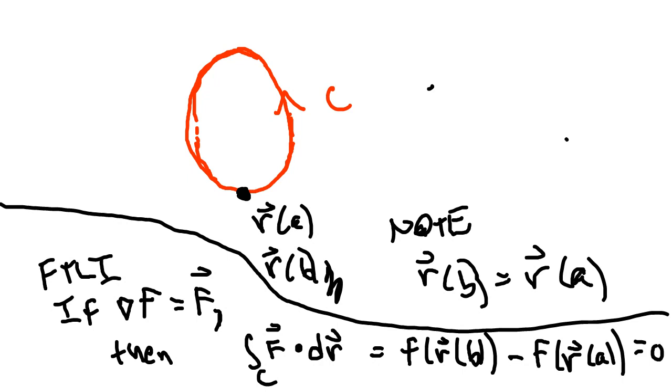But that's going to equal 0 when you have a closed curve. So for a closed curve, the work that the force field does in moving the particle once around the path should equal 0.